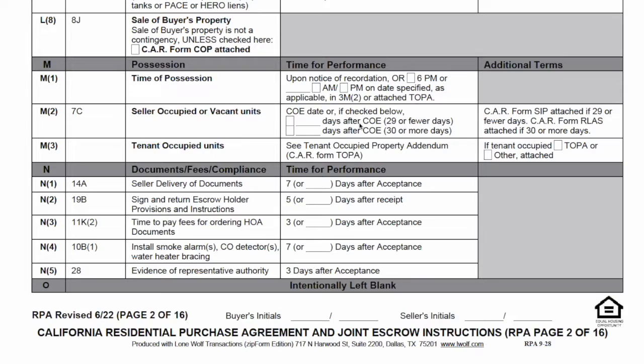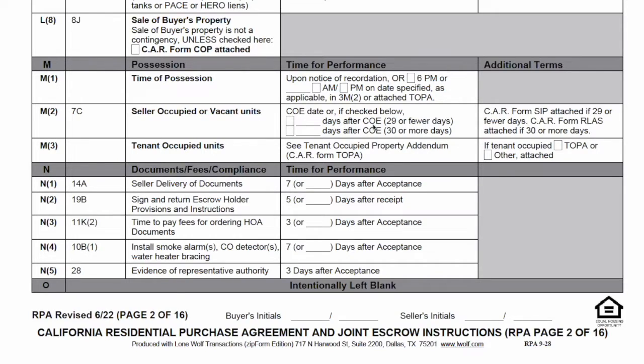Now, keep in mind that we've seen this a lot. Seller in possession, car form SIP, where sellers get buyers to purchase a property and then the seller gets to stay in there for a while because, again, we've been in this insane seller's market. Well, it's saying basically here, is the seller going to stay in possession?